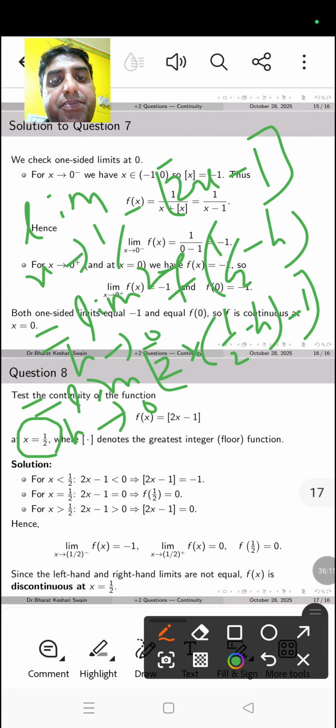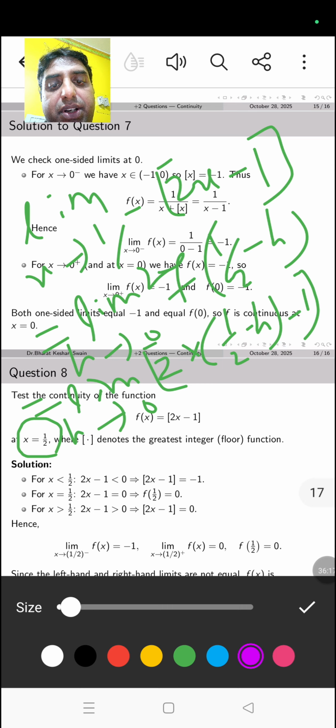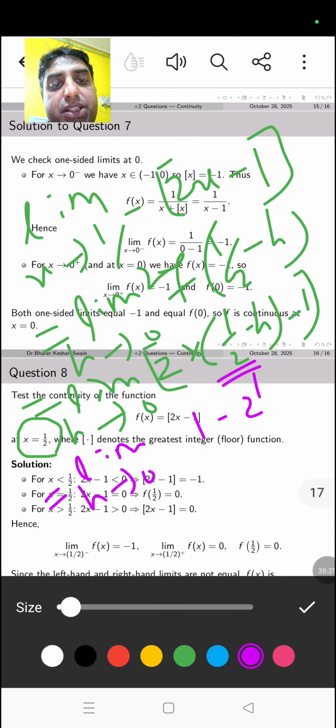So it will be equal to limit h tends to 0. If you multiply 2 here, 2 into half cancels, it will be only 1 minus 2h minus 1, greatest integer. Now 1 and minus 1 cancel, only the remaining part is minus 2h.